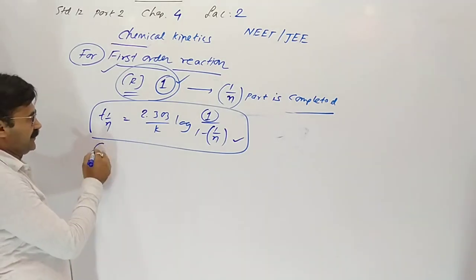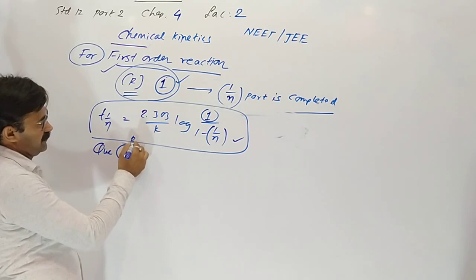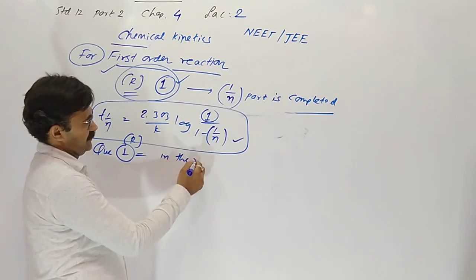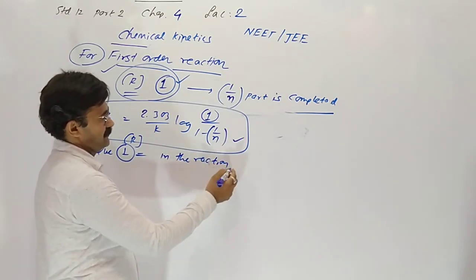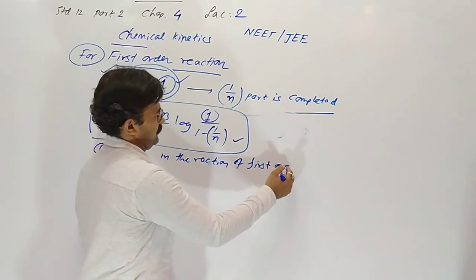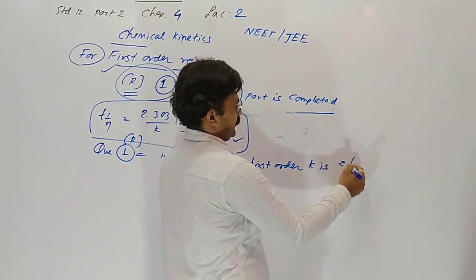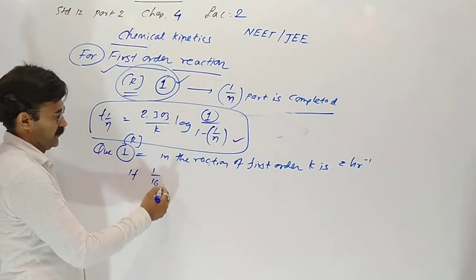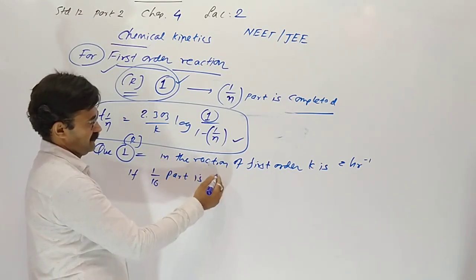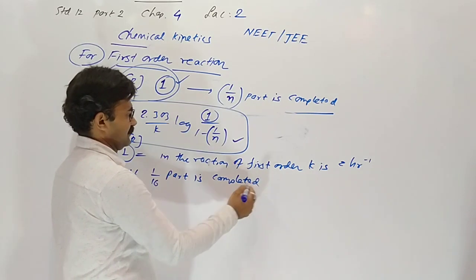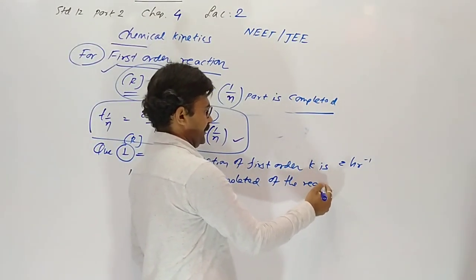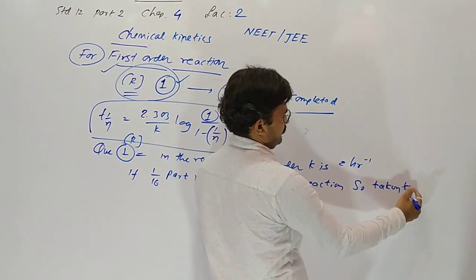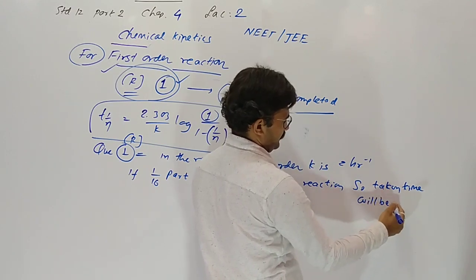Now a question: if the initial concentration is 1 part, in a reaction of first order, K is supposed to be 2 per hour. If 1/16 part of the reaction is completed, so what will the time taken be?